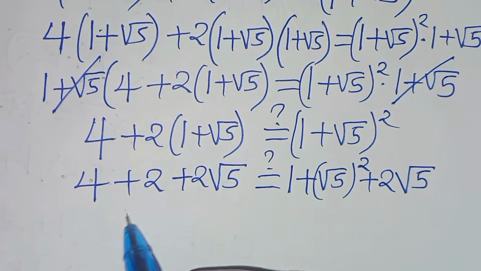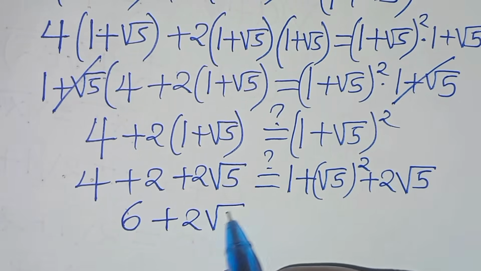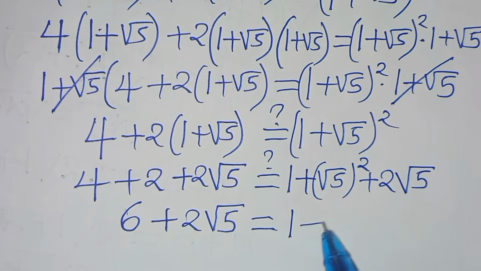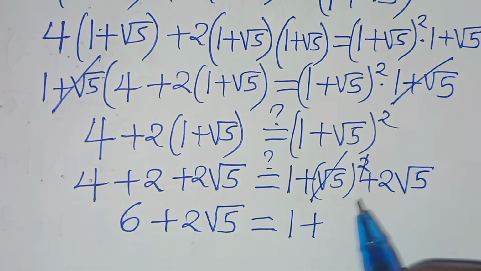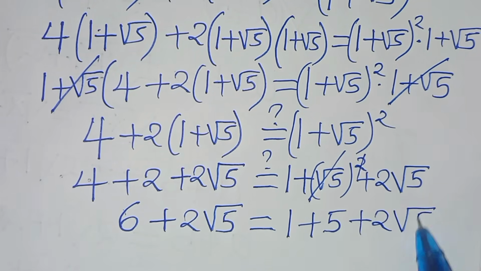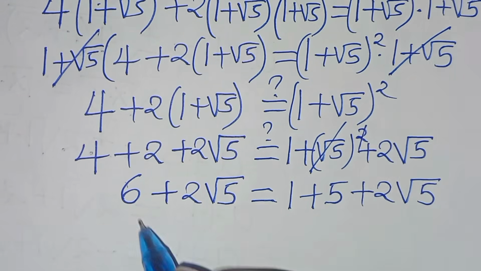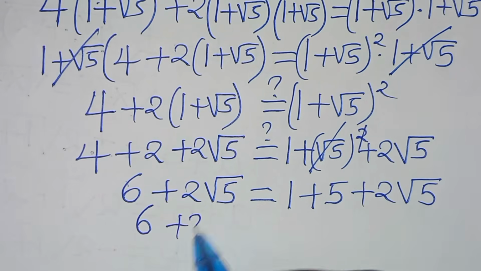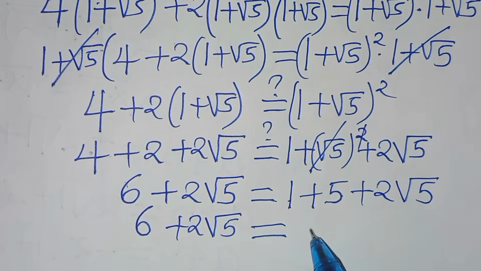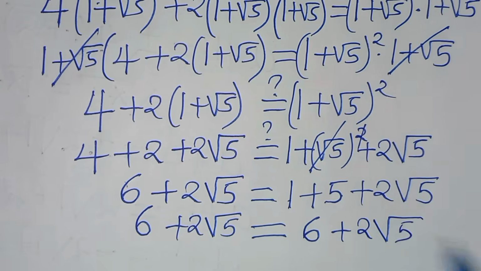So 4 plus 2, this is equal to 6. Then plus 2 square root of 5. This is equal to 1 plus square root of 5 squared, we eliminate the square root sign. So this is plus 5, then plus 2 square root of 5. So this implies that on the left hand side, we have 6 plus 2 square root of 5, which is equal to 1 plus 5, this is equal to 6, plus 2 square root of 5.